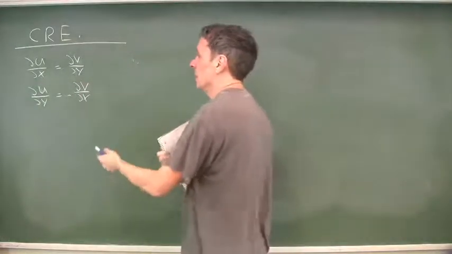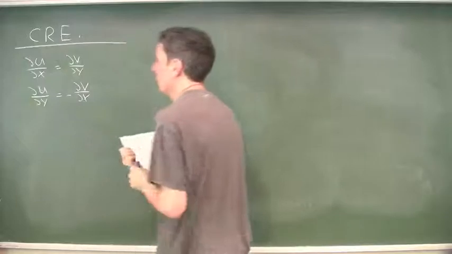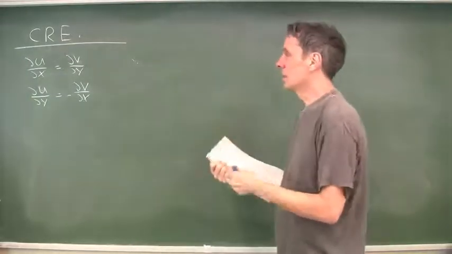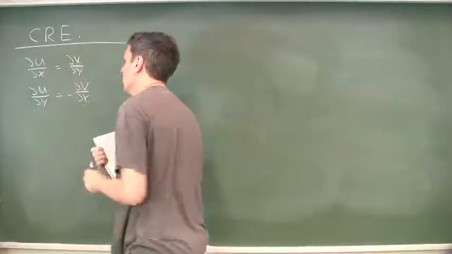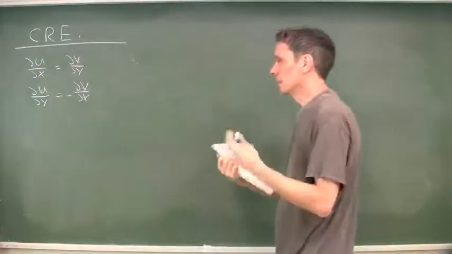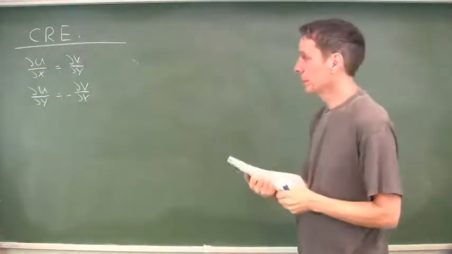Okay, so in this context we have assumed say that the functions u and v should be, say, class C1 or something.